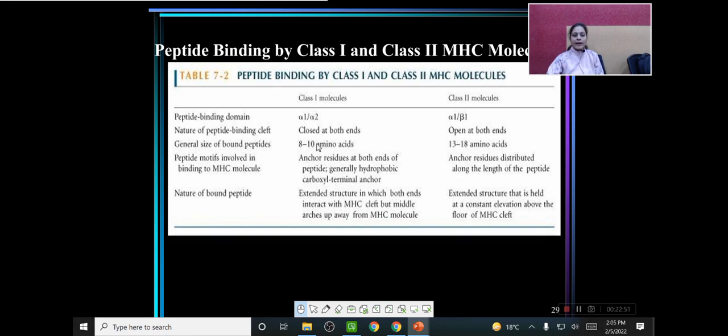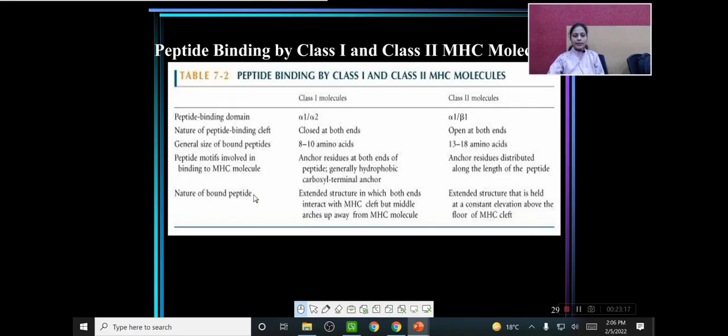General size of bound peptide in class 1 is 8 to 10 amino acids and in class 2 13 to 18 amino acids. Peptide motif involved in binding to MHC: anchor residues at both ends of the peptide, generally hydrophobic carboxyl terminal anchor, in class 1, and in class 2 anchor residues distributed along the length of the peptide.